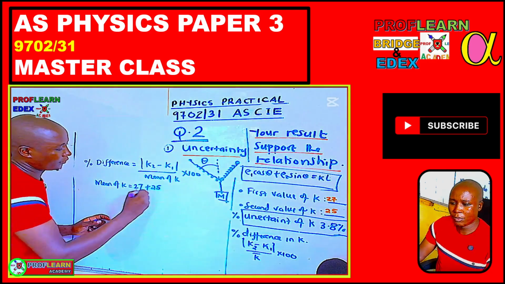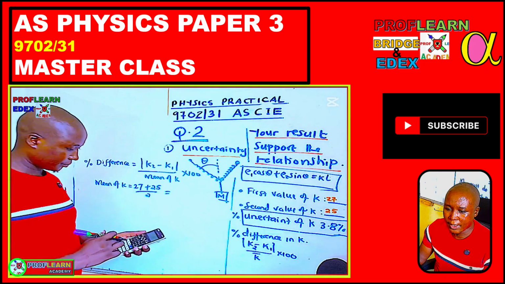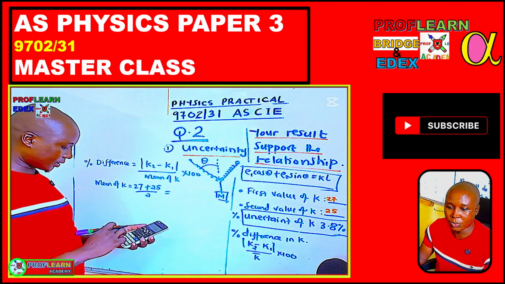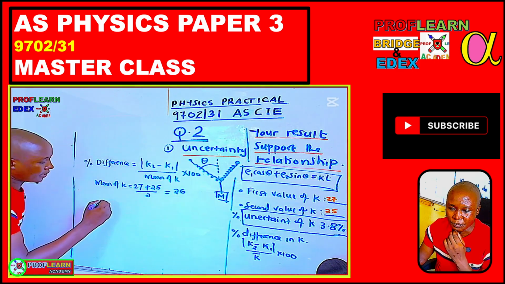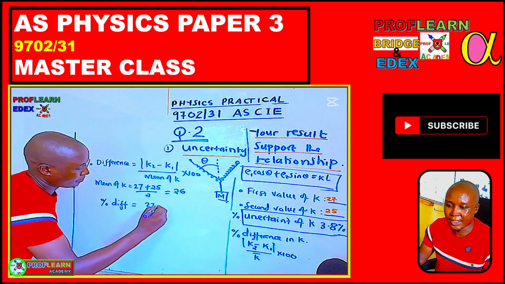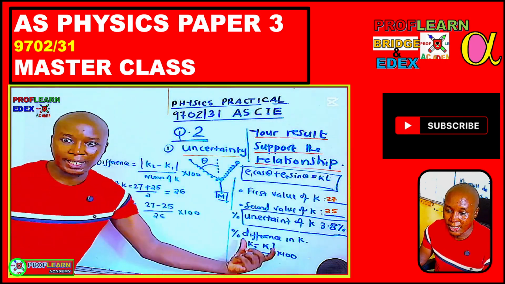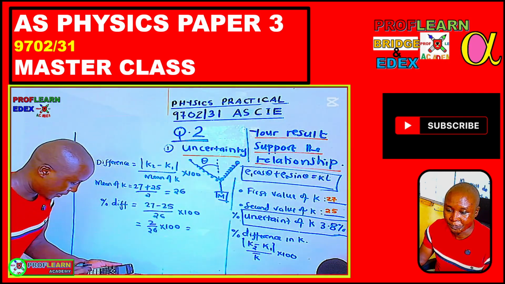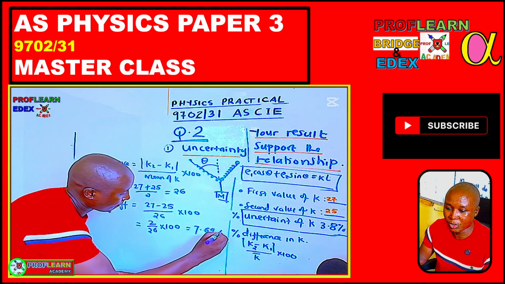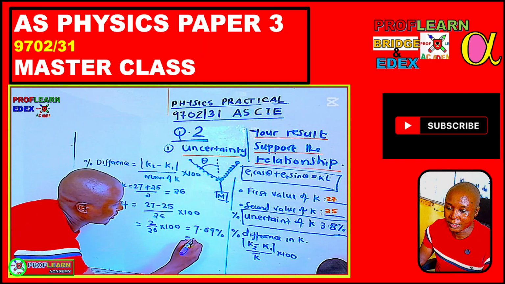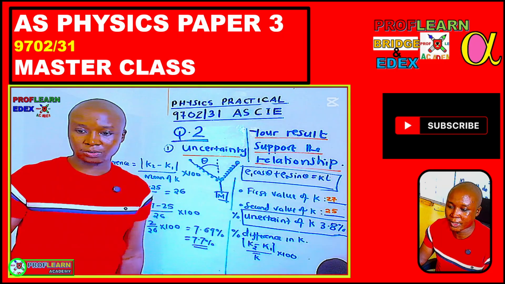Absolute means the moment you get a negative, ignore it, take positive values. Okay, so moving on, the mean of k is going to be 27 plus 25 over 2, which is 26, and the difference is going to be 27 minus 25, which is 2. Now we can work out the percentage difference between the two values of k, and it translates to 7.7%.